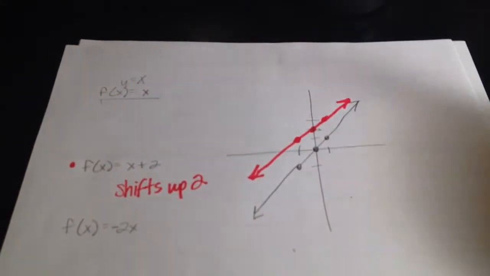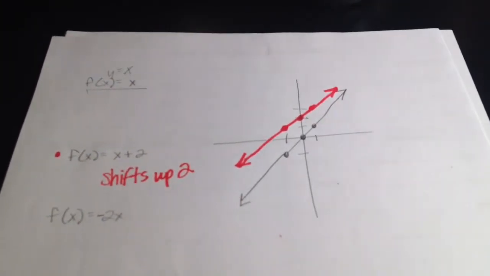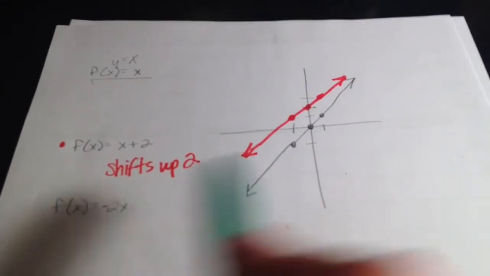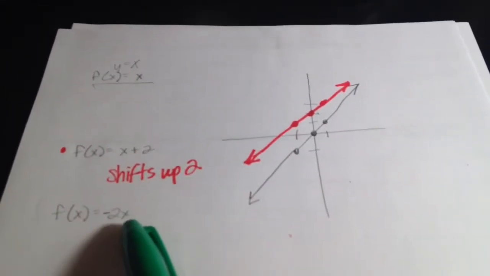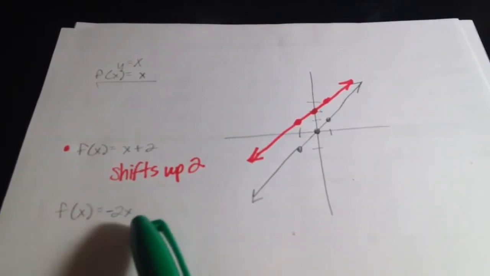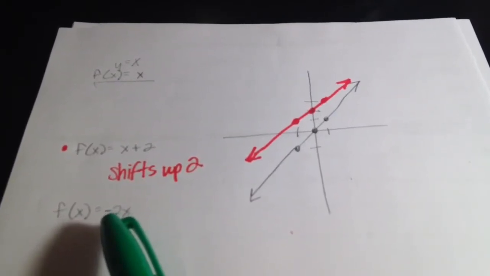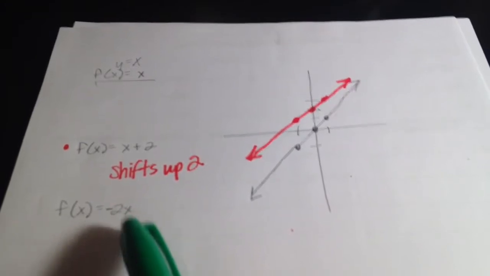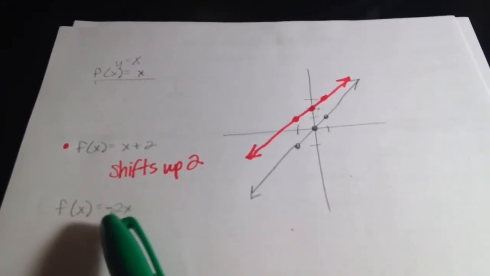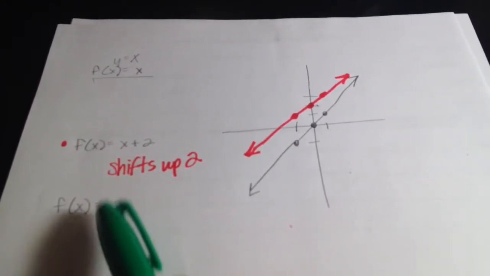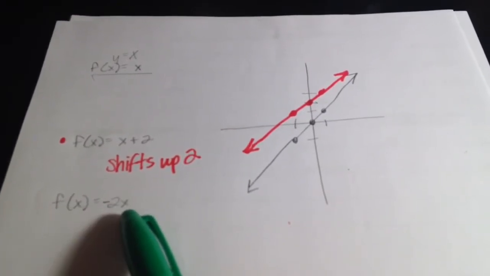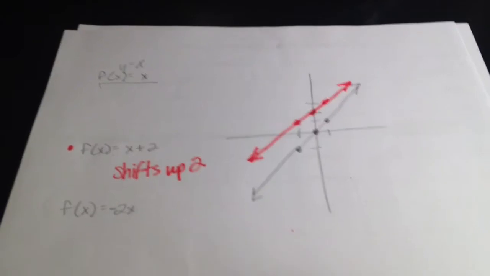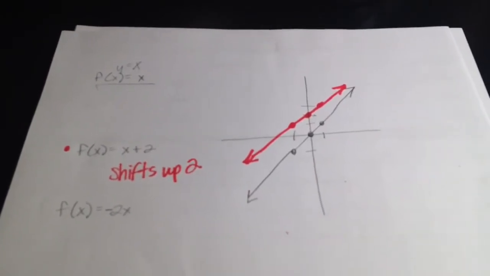Okay, so now when we start with this last one here, we're still going to go back to the pencil, those 3 original points, because notice we have y equals x. It's just that now we have negative 2x. So now we have to think, what does the negative do, and what does the 2 do to our original graph, which was just x? Well, the negative, if we look at our notes, again, is not in parentheses.